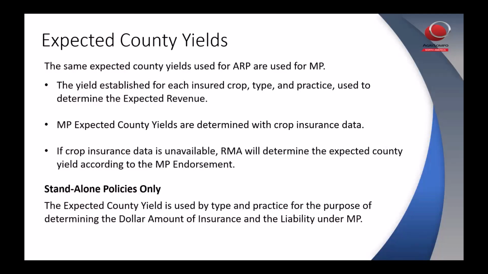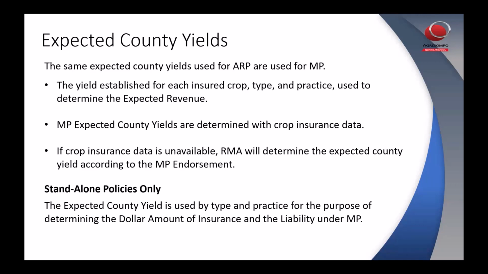The nice thing is that RMA has advanced it where we're actually using farmer reported yields, and they're deriving that to get to the county averages. Also, that is why we have a delay on the final yields to establish claim, because we're using reported yields from our growers. So again, it's all based off of crop insurance data.